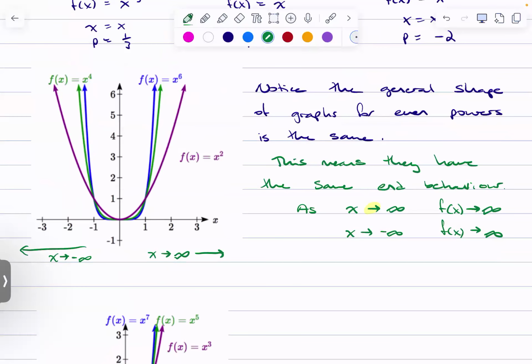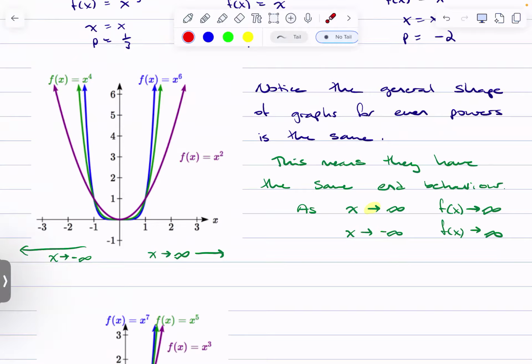So when we say they have the same general shape, what we really mean is they have the same end behavior. And depending on what manipulations we've done, maybe we've multiplied by some factor, and maybe we've moved it up and moved it down, or moved it to the side, flipped it upside down.